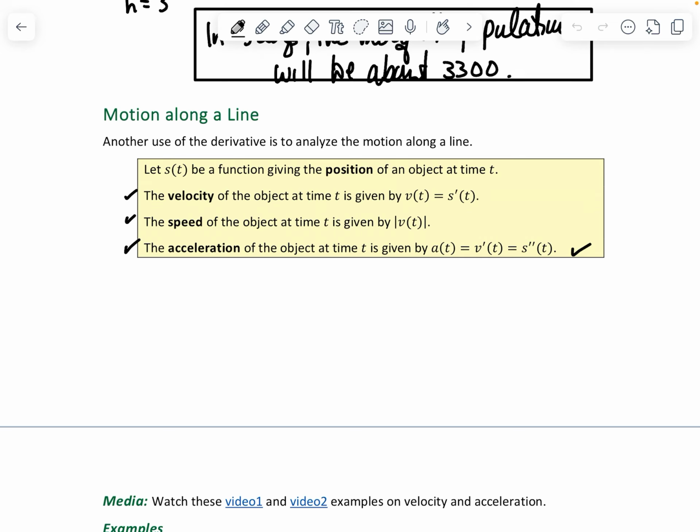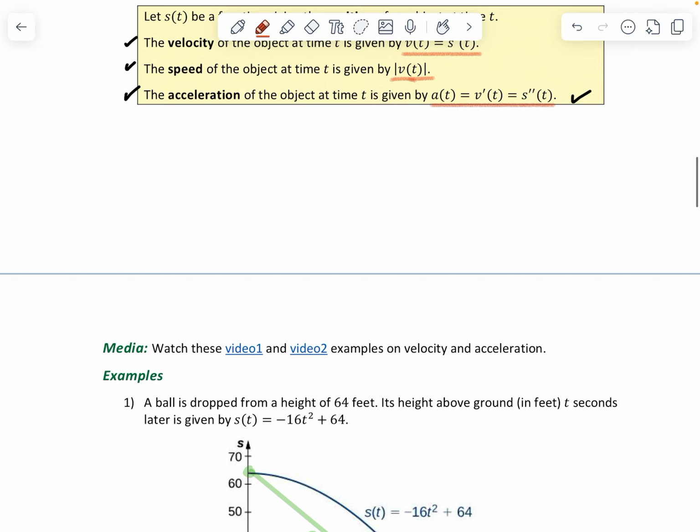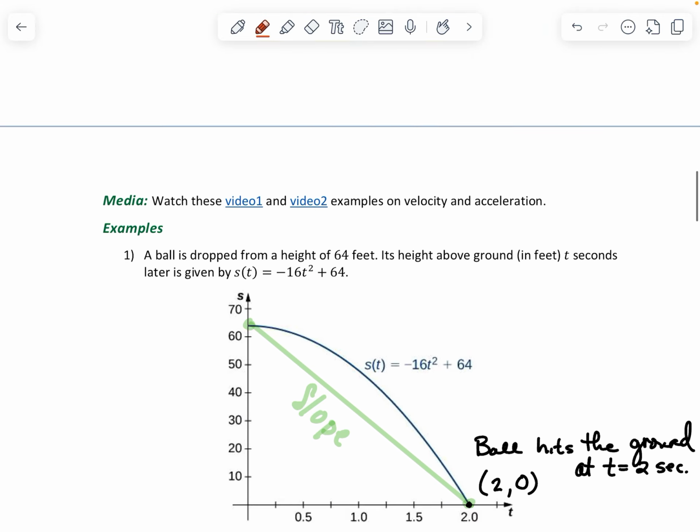The velocity of the object is given by s prime of t, and speed is the absolute value of velocity. And the acceleration of the object is, of course, v prime or s double prime. As we say, the first derivative of position is velocity, and the derivative of velocity is acceleration.